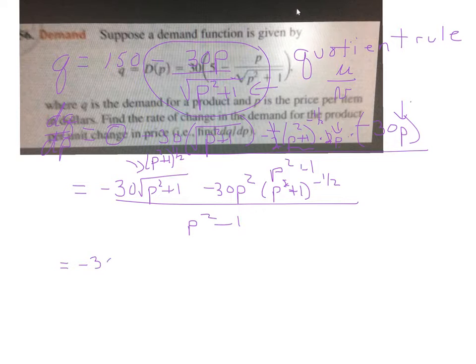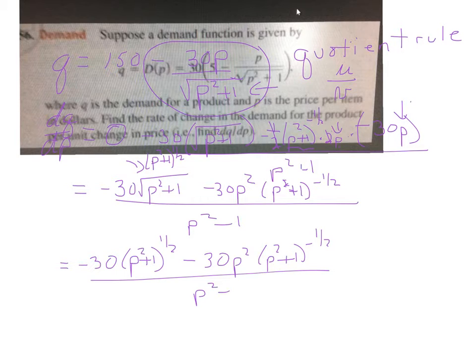We have negative 30 times p squared plus 1 to the 1/2 minus 30p squared times p squared plus 1 to the negative 1/2, all over p squared plus 1. Is it minus 1 or plus 1? How did I get the minus? Okay, plus 1, sorry.